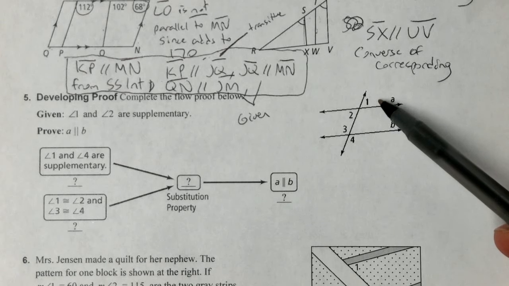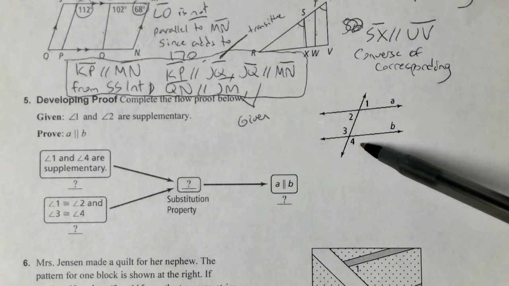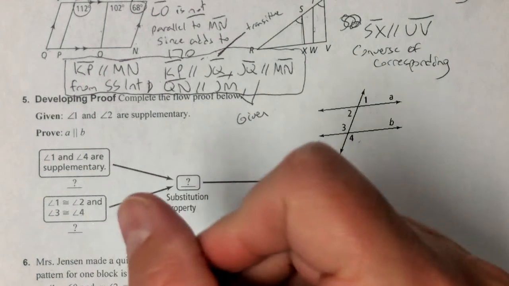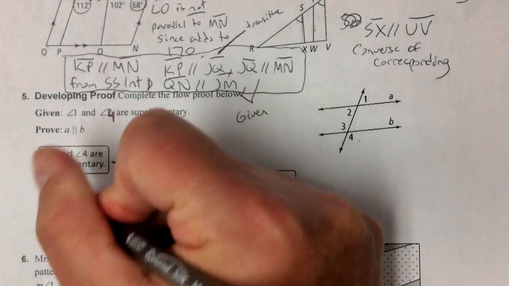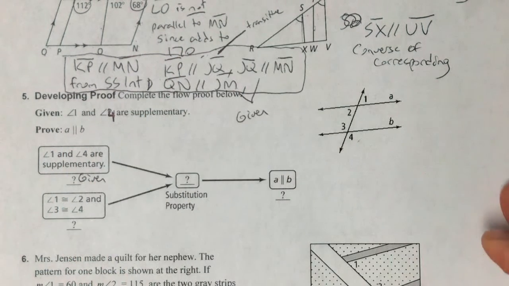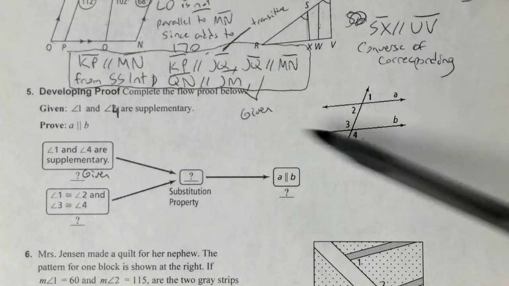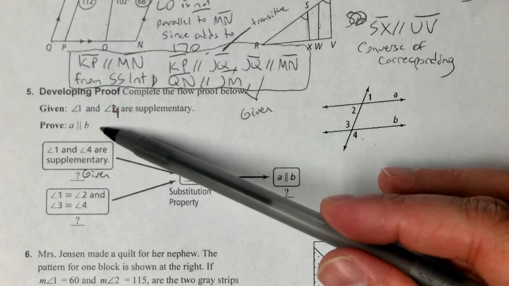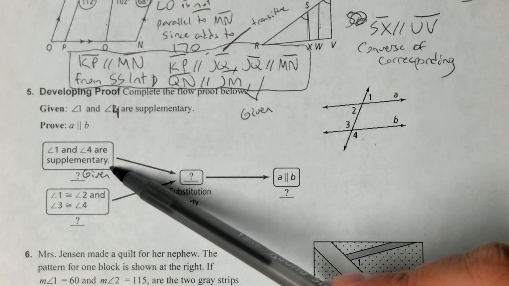Just check something real quick. 1 and 4 supplementary because that must be the given one. Yeah. So basically, this should be 1 and 4 right there, and this is going to be given. Now, they are considered same side exterior, but if we don't know the lines are parallel, which we don't, then you can't automatically say that. So that's going to be one that's given.